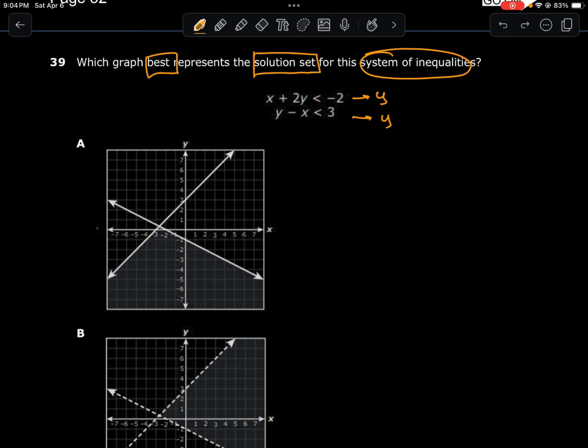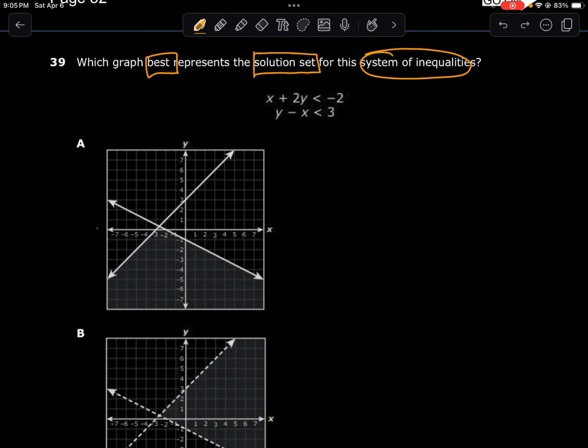I'm saying that because sometimes just the inequality alone is enough to solve the problem. If that gives more than one option that satisfies this, then I will actually have to isolate y and graph it and figure out what it is. But it turns out here, so far, I can trust the inequalities. They are both less than, and I'll see if that fact alone can help me get the answer.